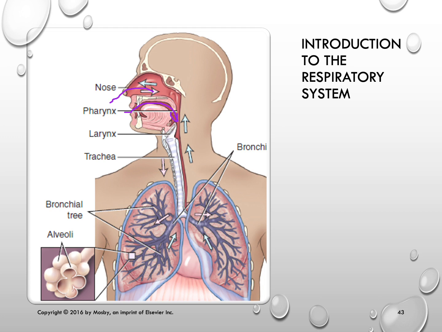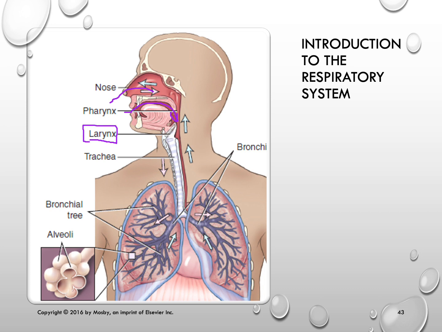But it's going to travel down the pharynx. Now, there are three parts to the pharynx. There's the nasopharynx that is located right behind the nose, the oropharynx, which is located right behind the mouth, and then the laryngopharynx, which is located around the area of the larynx, which is also called the voice box right here, this guy.